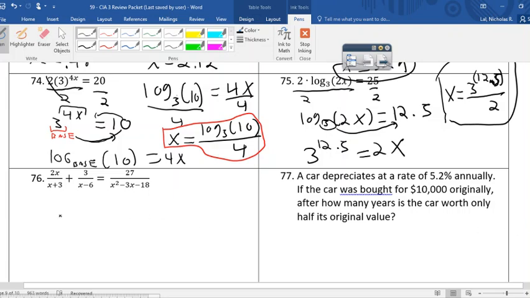For 76, we need to get things into a partial fraction. What we need to do is add to get a common denominator.